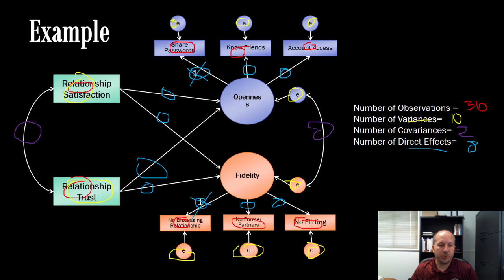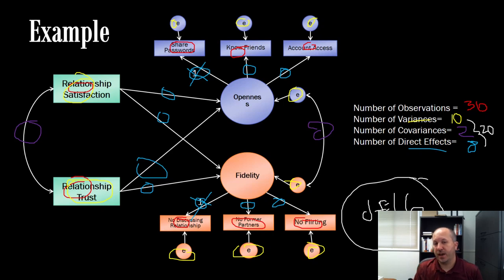So when we total these all up together, 10 plus 2 is 12, plus 8 is 20. So we have 20 total parameters and 36 observations. So 36 minus 20 is 16. So we have a total of 16 degrees of freedom in this model. So this model is over-identified. We're good to go on this model.